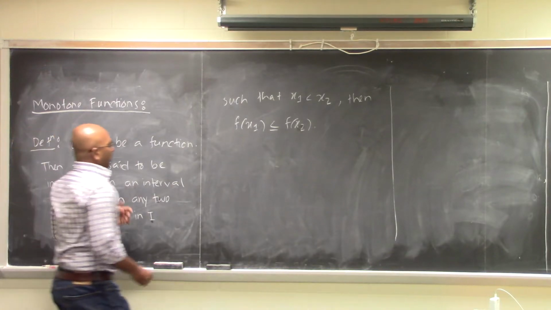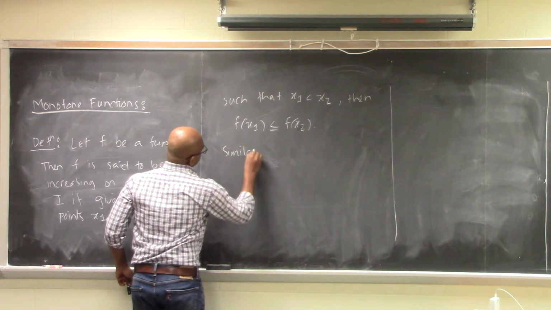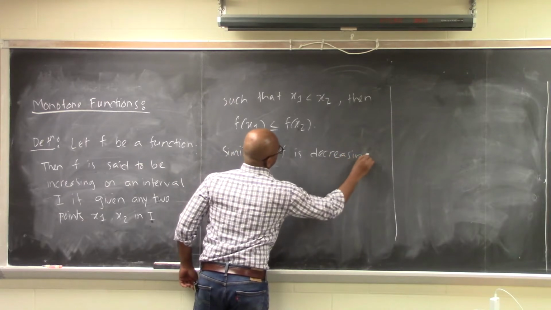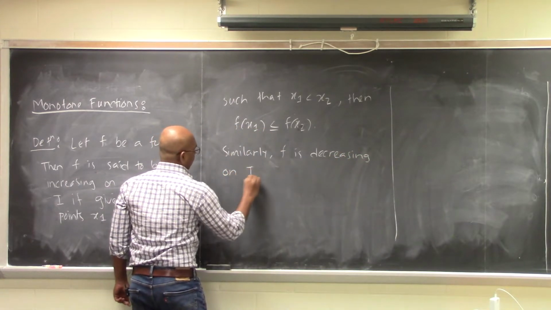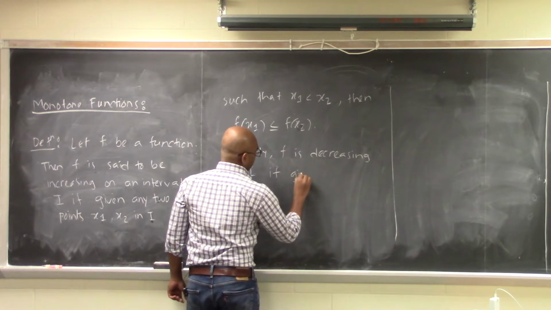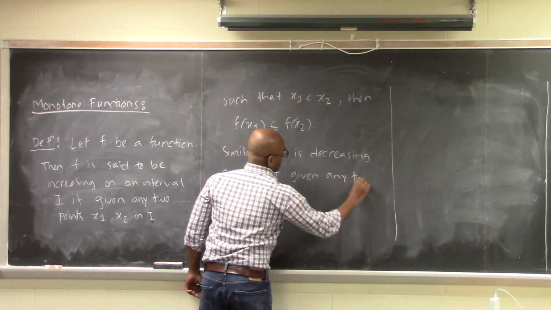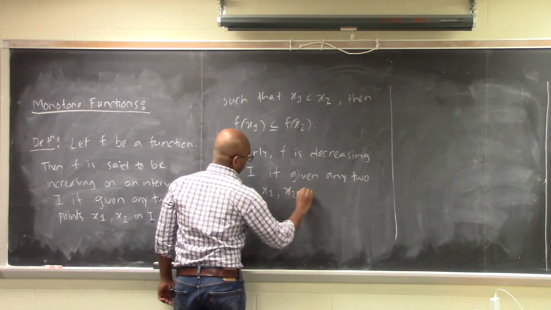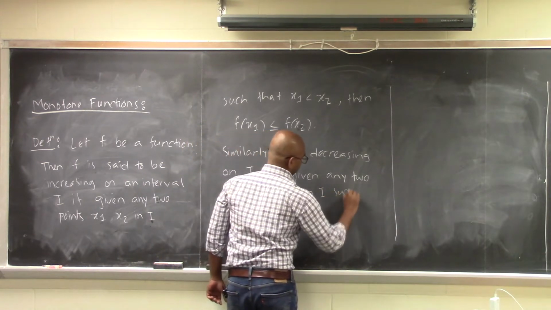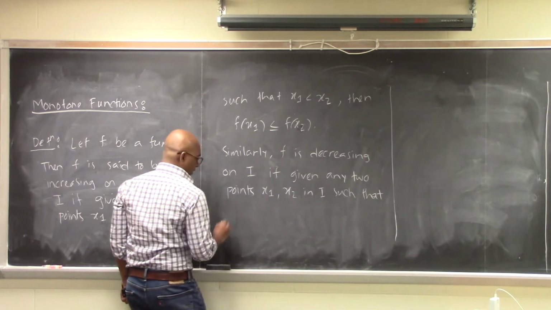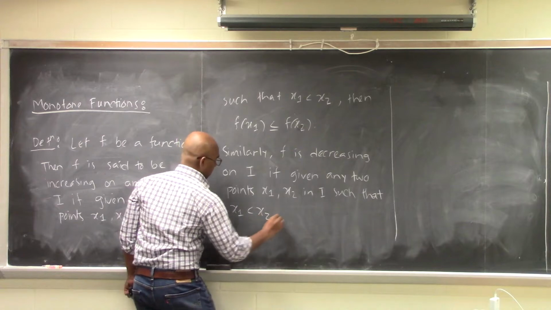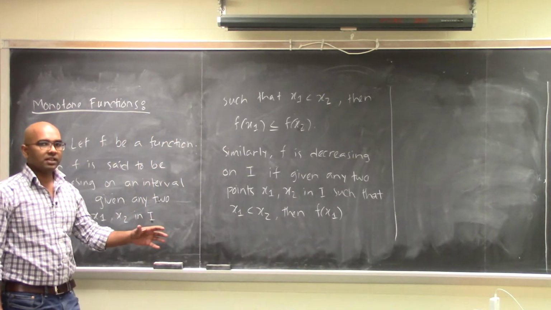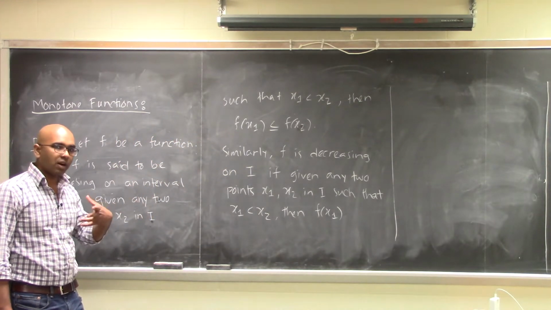Okay, similarly, f is decreasing on I if given any 2 points x1, x2 in I such that x1 is less than x2, then f of x1... Now what happens, the function is decreasing, that means it will give smaller output for bigger input, right?